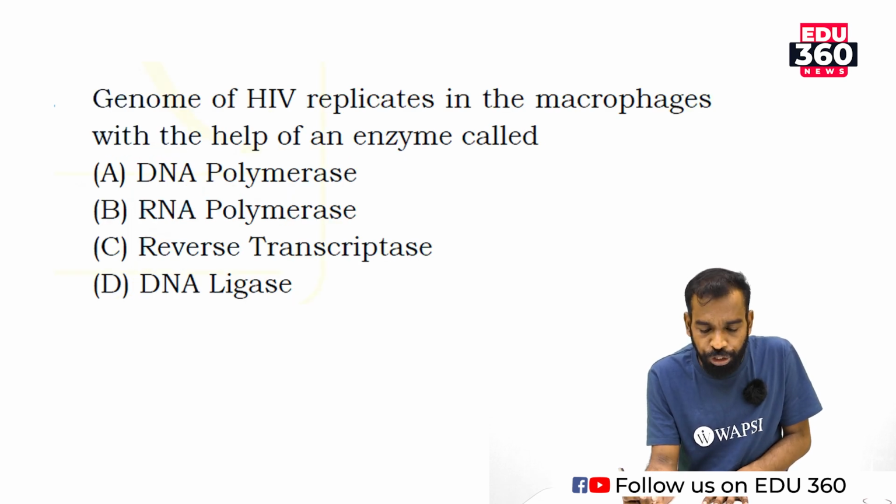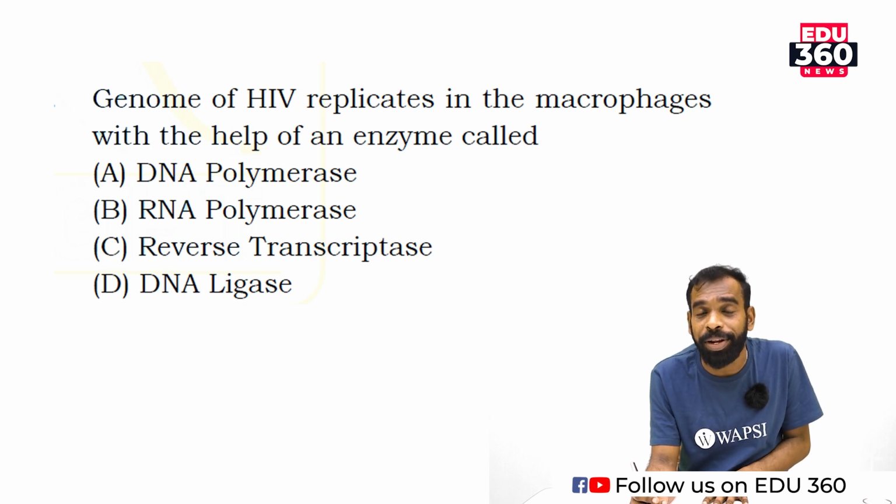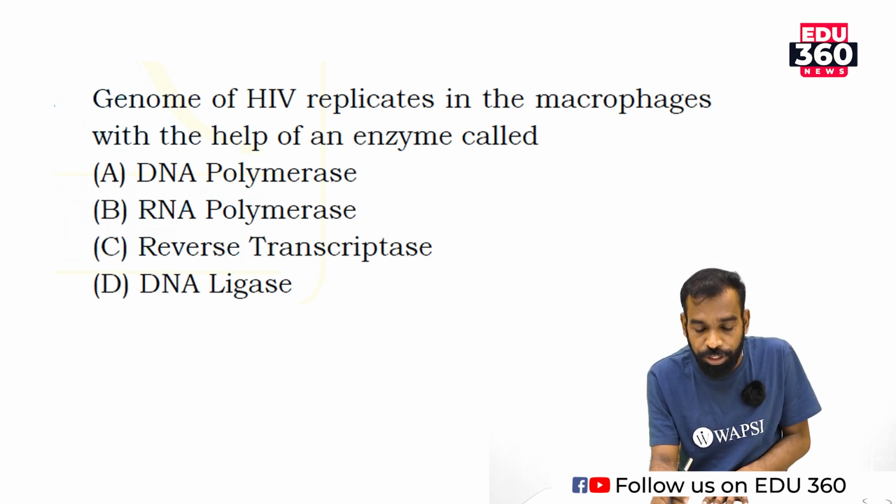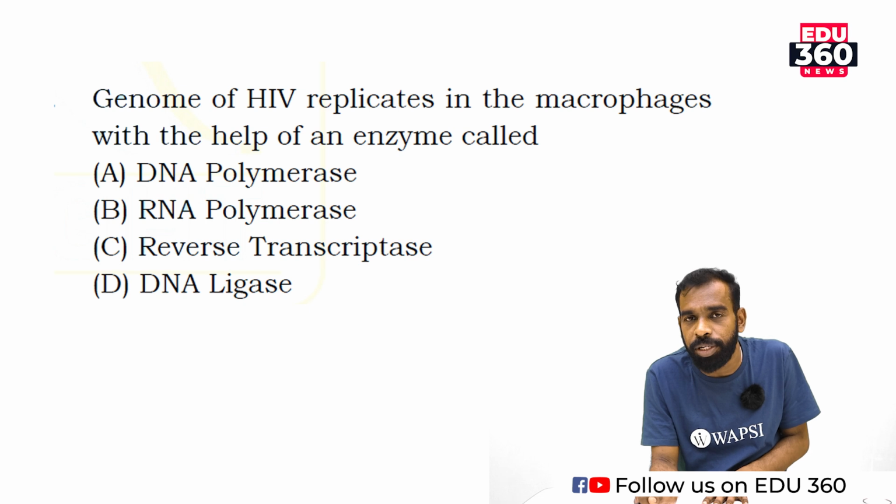Next question. The genome of HIV replicates in the macrophage with the help of the enzyme reverse transcriptase. Double-stranded DNA is formed from single-stranded RNA. That is reverse transcription. What is transcription?